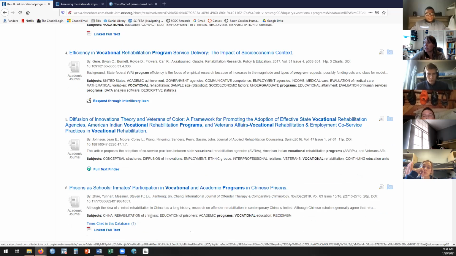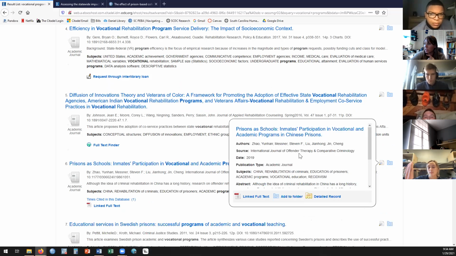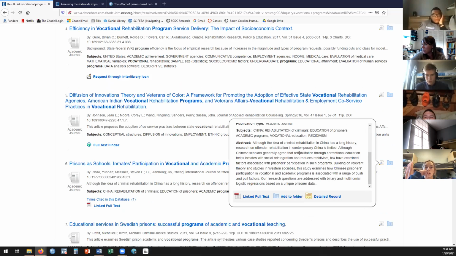If you're looking at this and you can't quite tell what the outcome might be, or if this is a good study, if you hover over this little guy right here and then bring your mouse in here, you can read the abstract. Okay, here we go. This is the problem. This is trying to predict who would volunteer for this program, which is not exactly effectiveness. So I'm less concerned about the China part and more concerned that this is not really a study on the effectiveness of it.